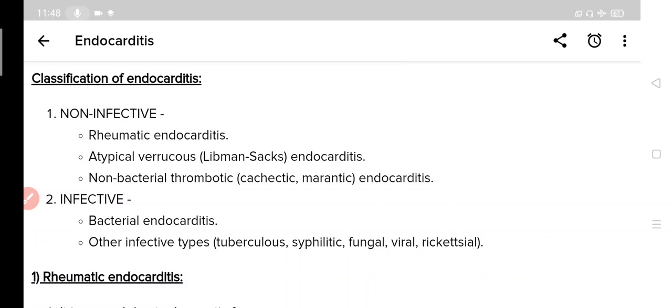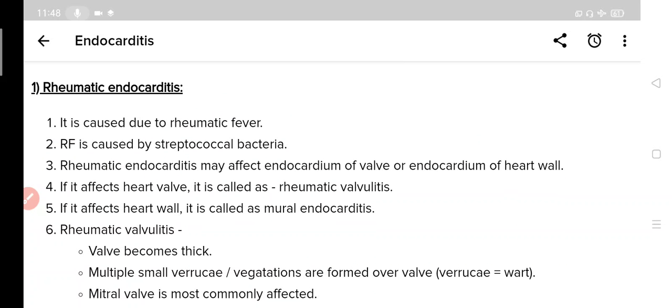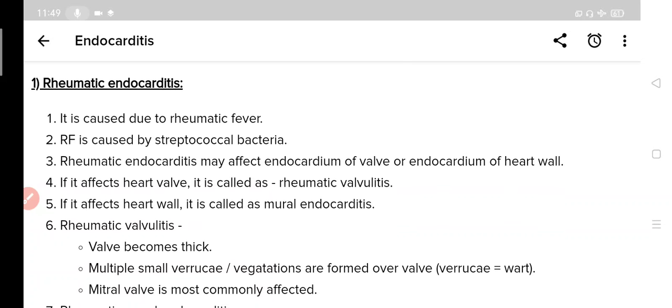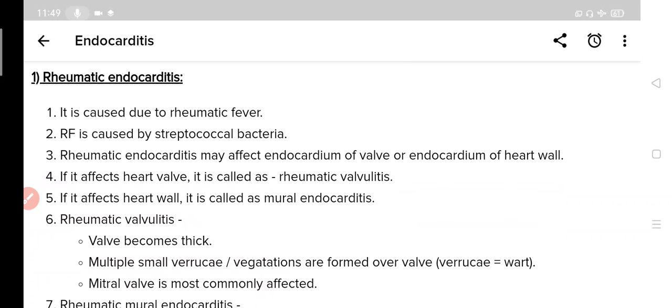Now we will look at the different types of endocarditis one by one. The first one is rheumatic endocarditis. Rheumatic endocarditis is caused by rheumatic fever, and rheumatic fever is caused by streptococcal bacteria. What happens is that streptococcal bacteria cause sore throat.